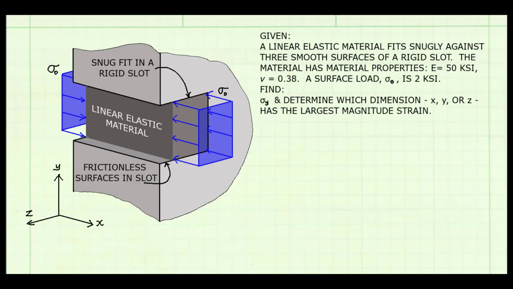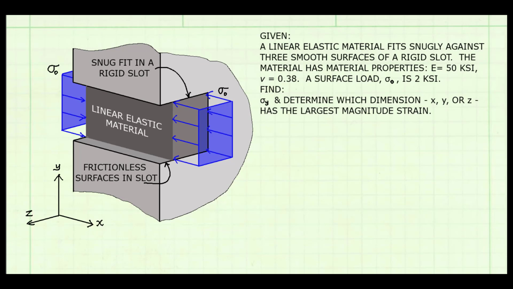This example problem states, a linear elastic material fits snugly against 3 smooth surfaces of a rigid slot. The material has material properties E, the modulus of elasticity, equal to 50 ksi, and nu, Poisson's ratio, equal to 0.38. A surface load, sigma naught, is 2 ksi.